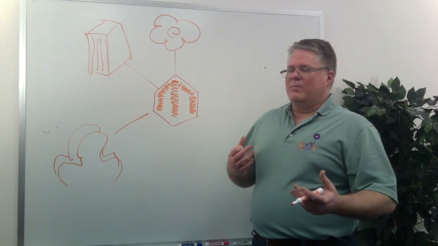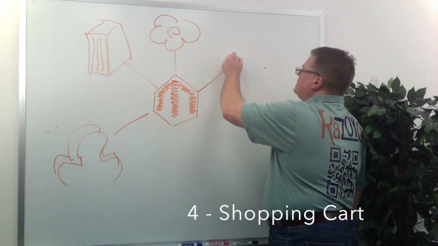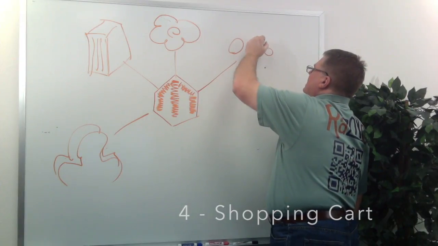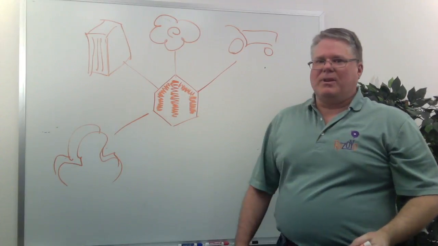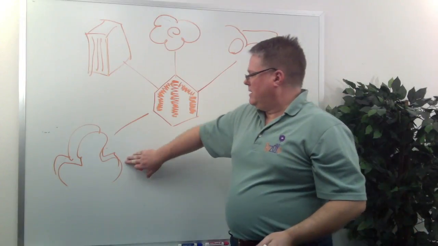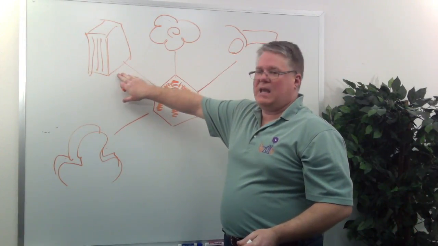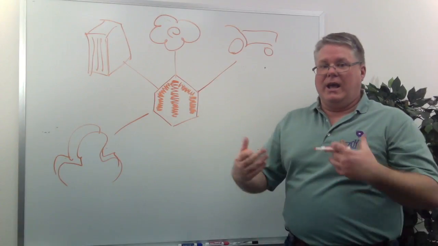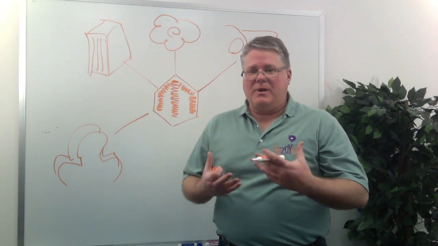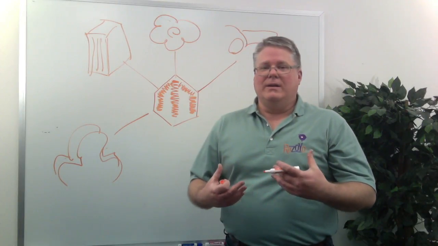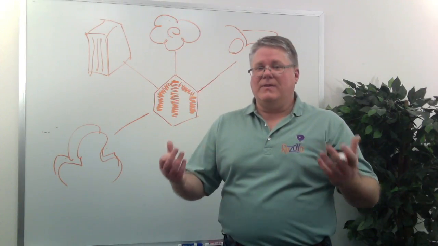The next thing that Magento provides, and some people call it this, is a shopping cart. So Magento's shopping cart is a place for your customers who visit the site to take products and place them in a cart. And it tracks what's in an individual shopping cart. That shopping cart feature is really one of the defining features of e-commerce.